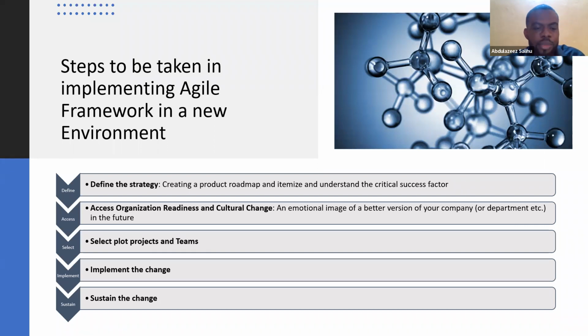And the next step is to assess your organizational readiness and cultural change. You have to be able to have a pictorial image of the company you're willing to see. Then you select your pilot projects and team.